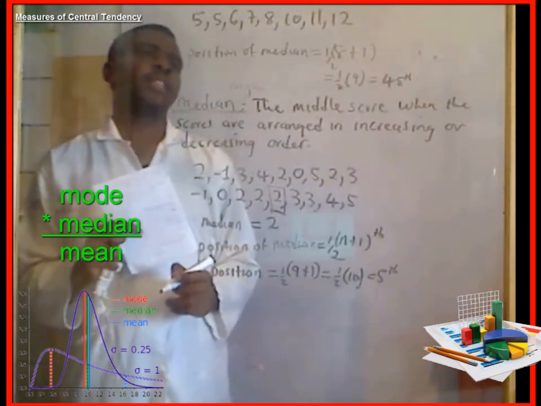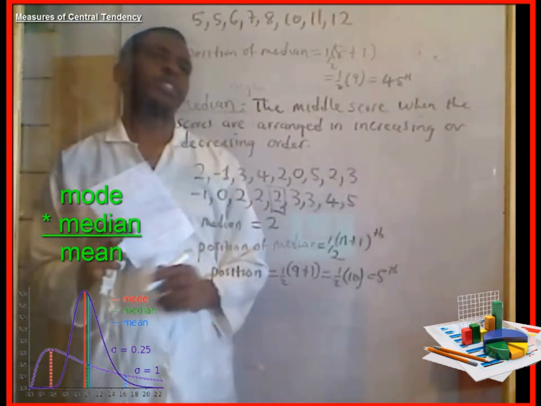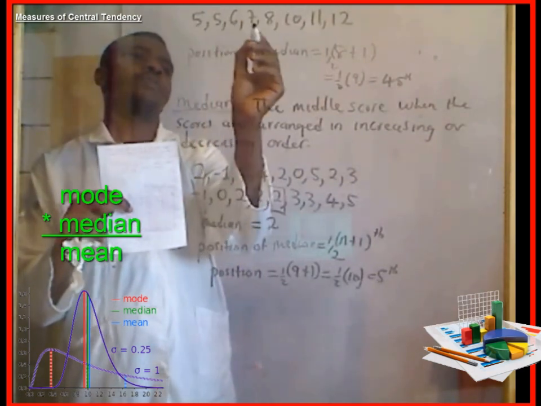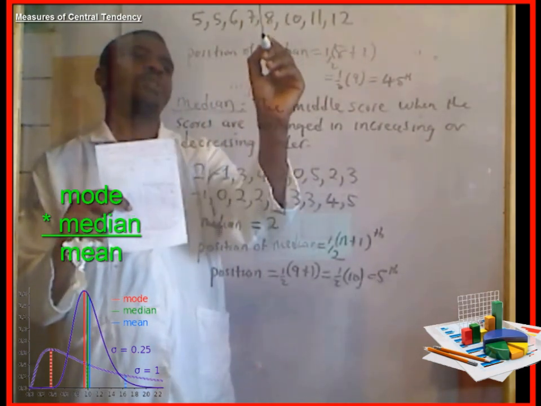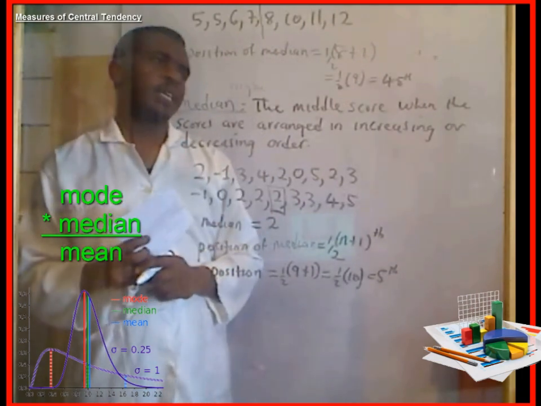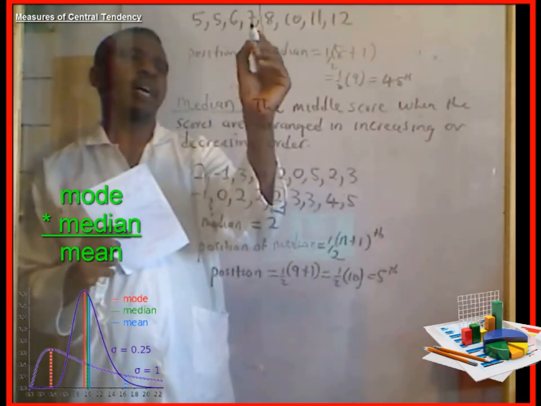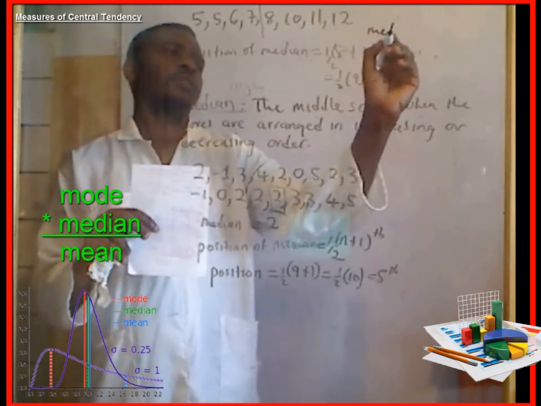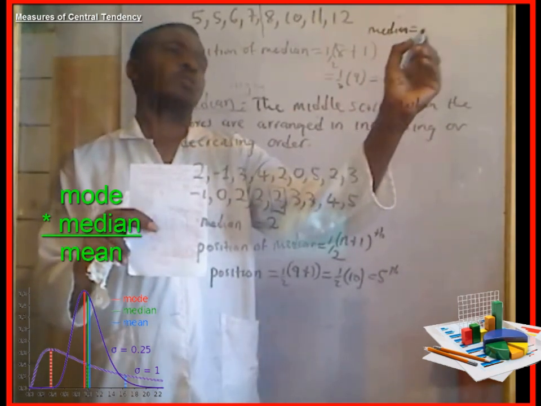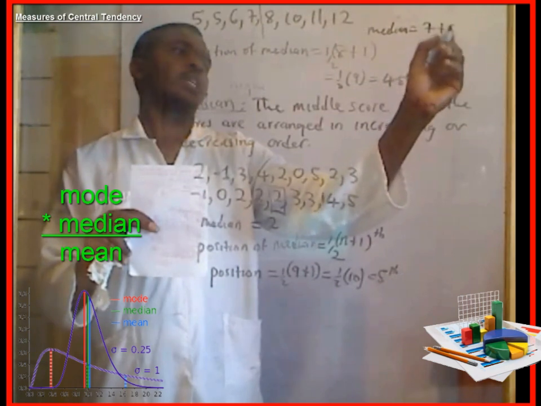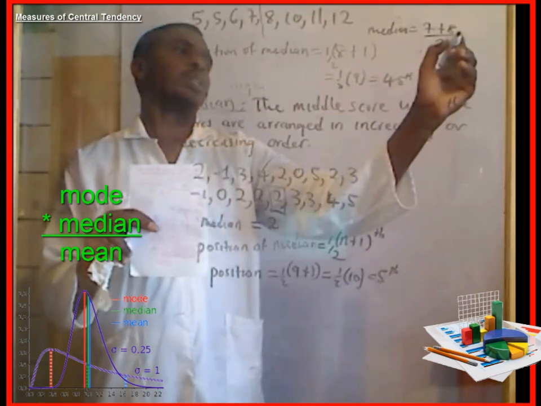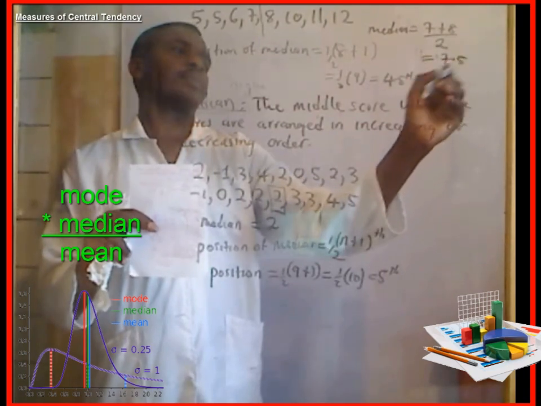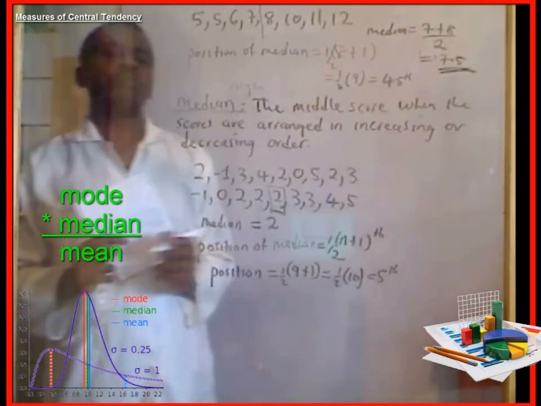So the term at the 4.5 position is our median. So I count here 1, 2, 3, 4. So the term that lies in the middle there. What is that term? I'll need to take the average of these two values. So my median there will be equal to 7 plus 8 divided by 2, which will give me 7.5. That's the median.